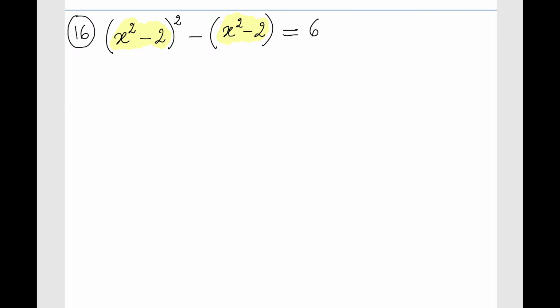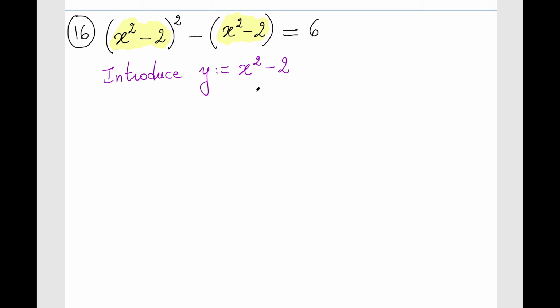So if you relabel this, it becomes a quadratic equation. So how about we introduce a label for this highlighted expression? Let's say some letter y to be the label for x squared minus 2.